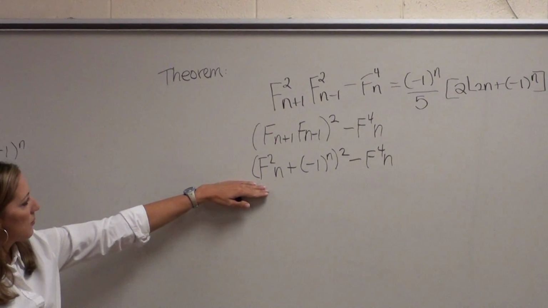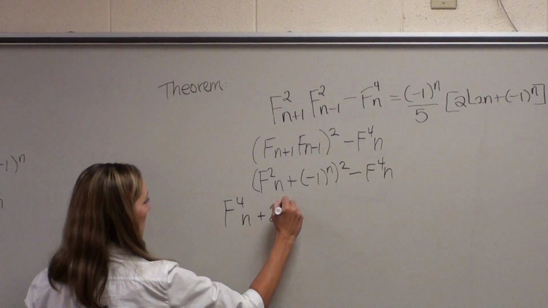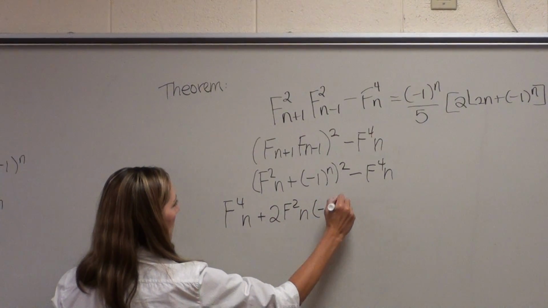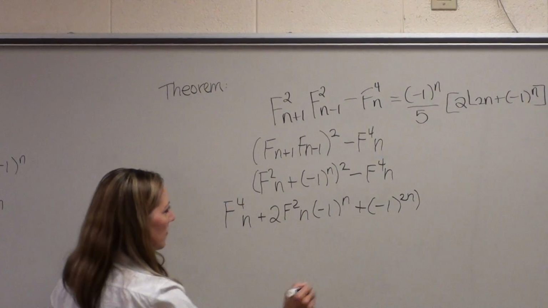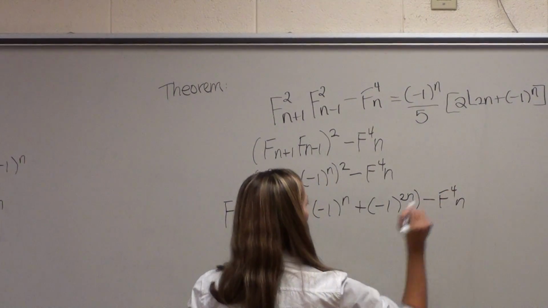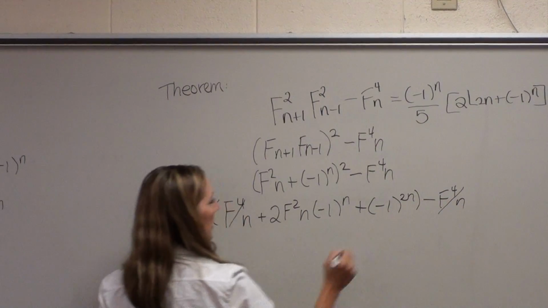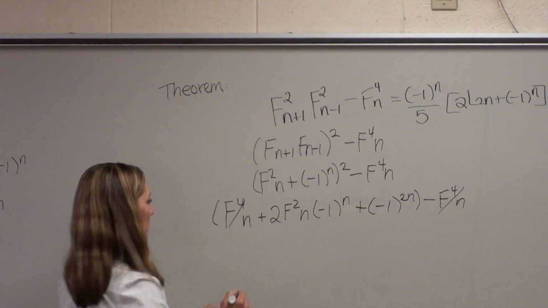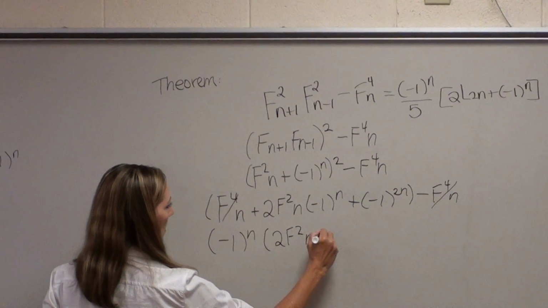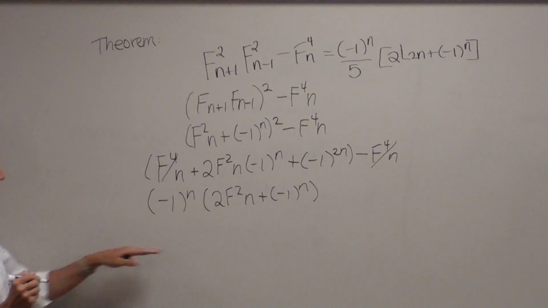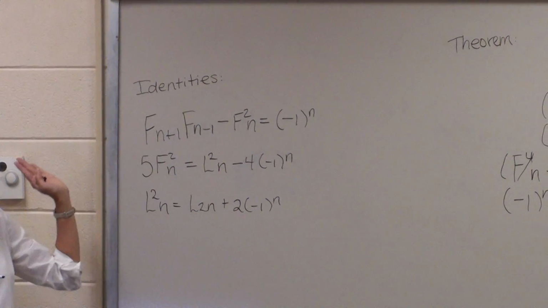I can expand this square by FOILing. I can cancel the Fn terms, and I can also factor out a -1 here and here. I have an Fn squared here. This is where I can bring in my second identity, also incorporating Lucas numbers into the left side of the equation.